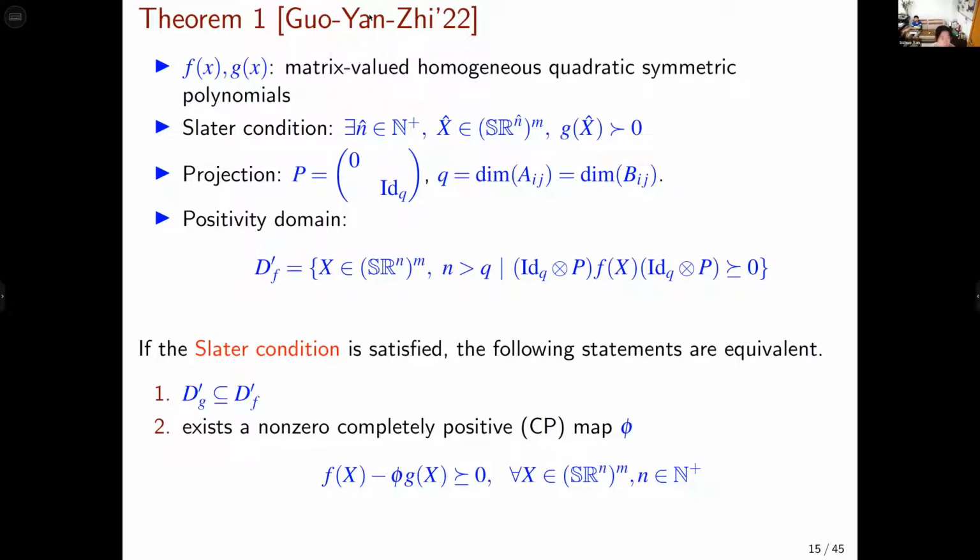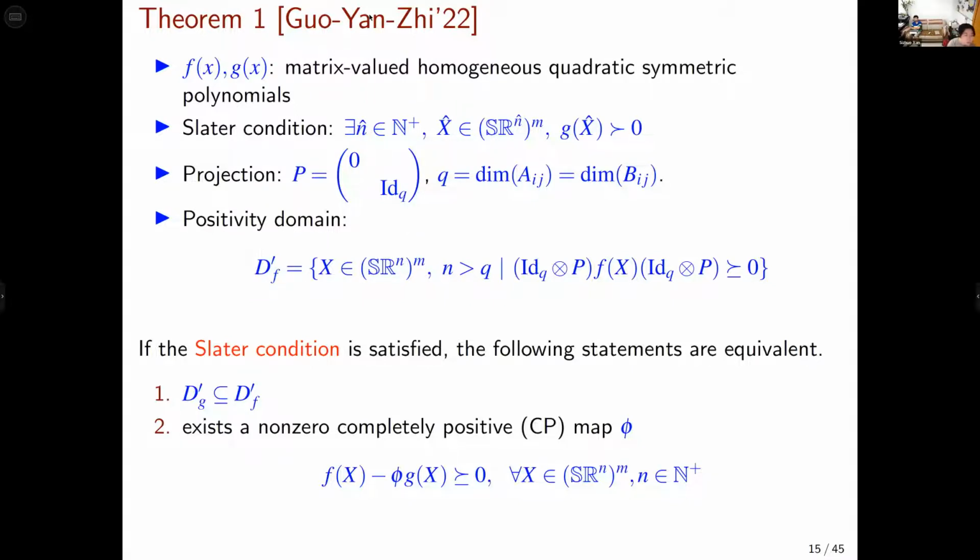And in addition, we need a projection P, and we should notice the dimension of P will change depending on the dimension of x, and P has only q non-zero entries.